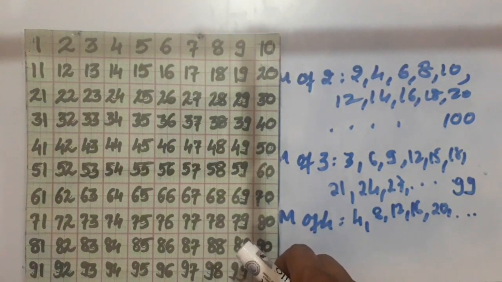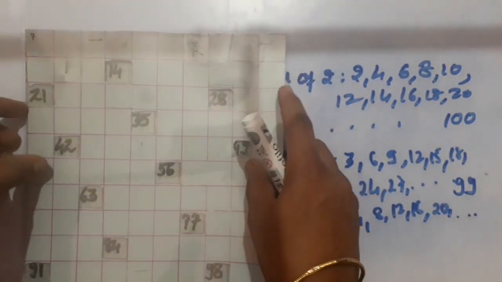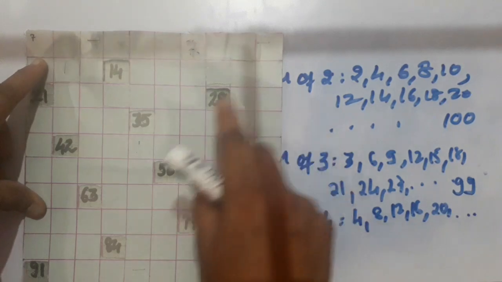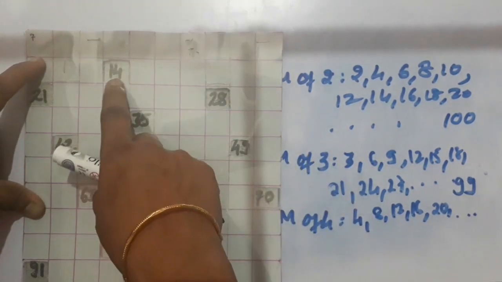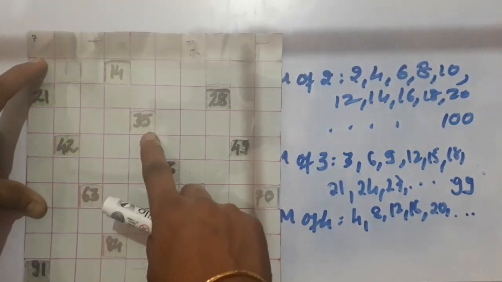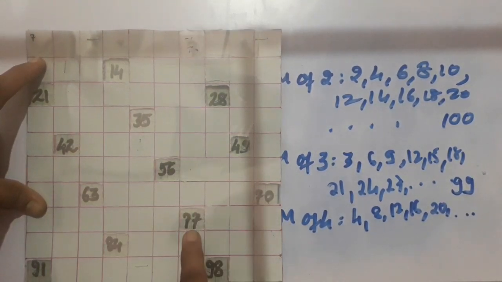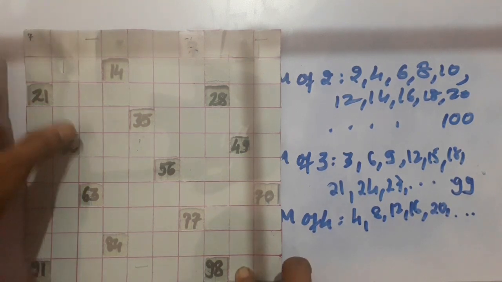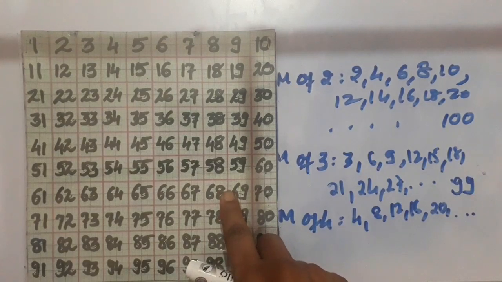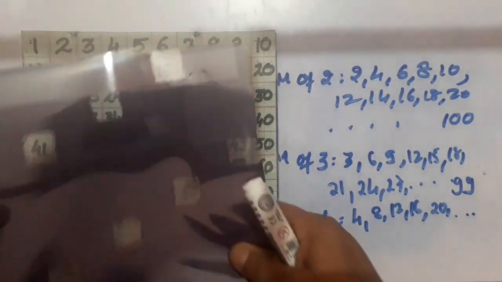Now we will find out multiples of 7. So multiples of 7, you can find out 7, 14, 21, 28, 35, 42, 49, 56, 63, 70, 77, 84, 91 and 98. These are all multiples up to 100 only. Please remember that. Now we will find out multiples of 8.